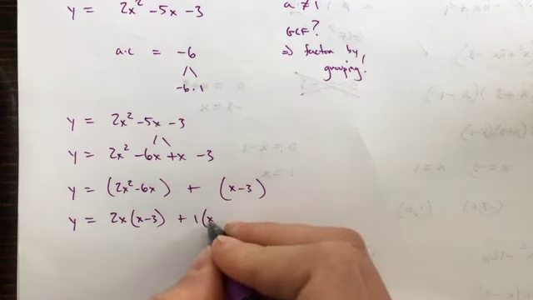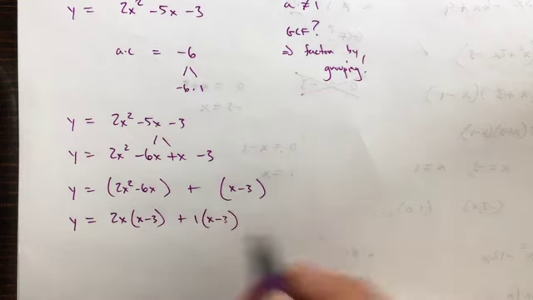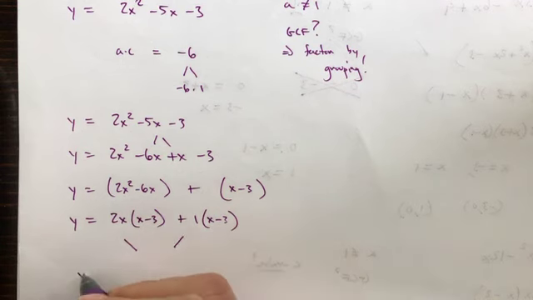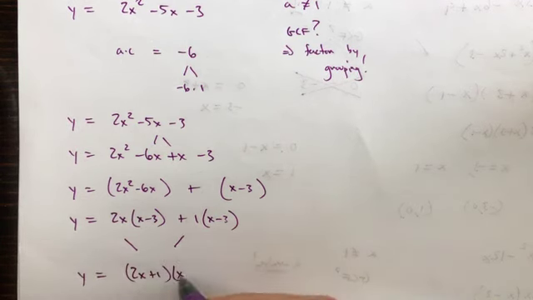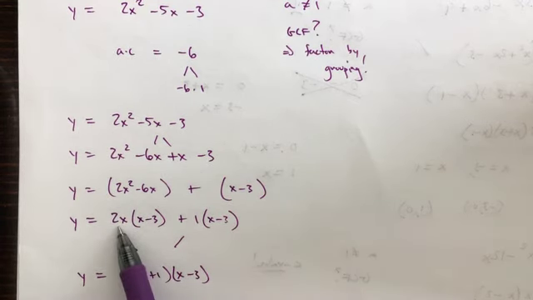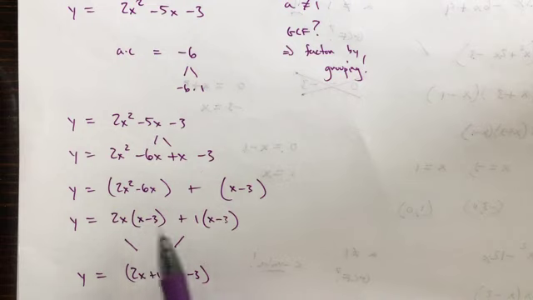It's 1, and what's left is x minus 3. And now we can write it as y equals 2x plus 1 times x minus 3. Again, because if we distributed this, we'd get 2x times x minus 3 and 1 times x minus 3.